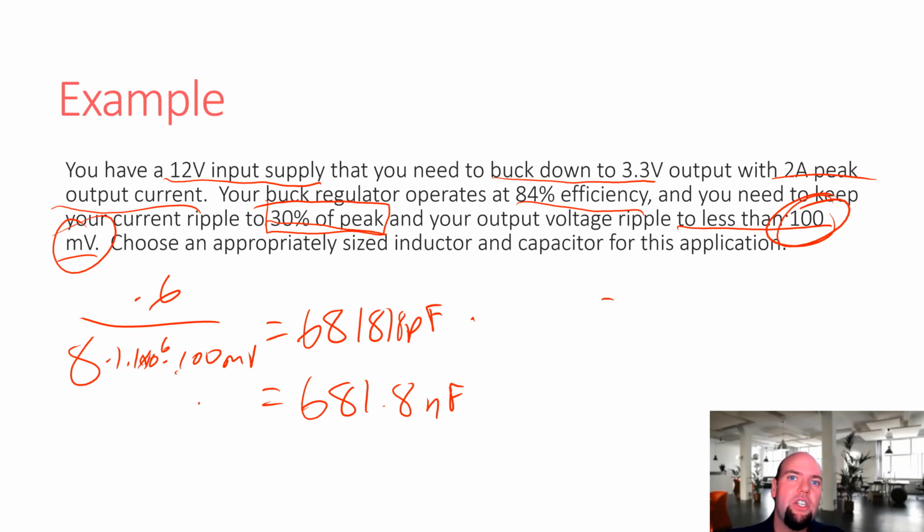The easiest way, though, is to just do it based on power and efficiency. So our output power is going to be 3.3 times 2. And this is peak. Everything we're doing here is peak. 3.3 times 2, that's going to be 6.6 watts. And this is 84% efficient.